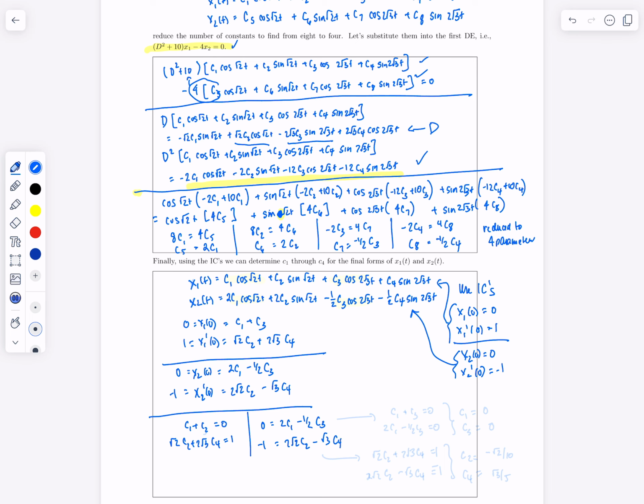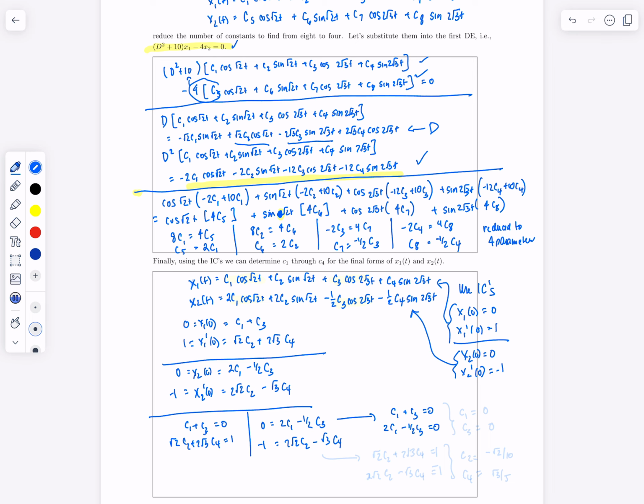So the trick here is to combine the same terms, right? Combine the equations involving the same unknowns, right? This should have been a 3, sorry. So we combine the first 2 here and say c1 plus c3 equals 0, and 2c1 minus 1/2 c3 equals 0.